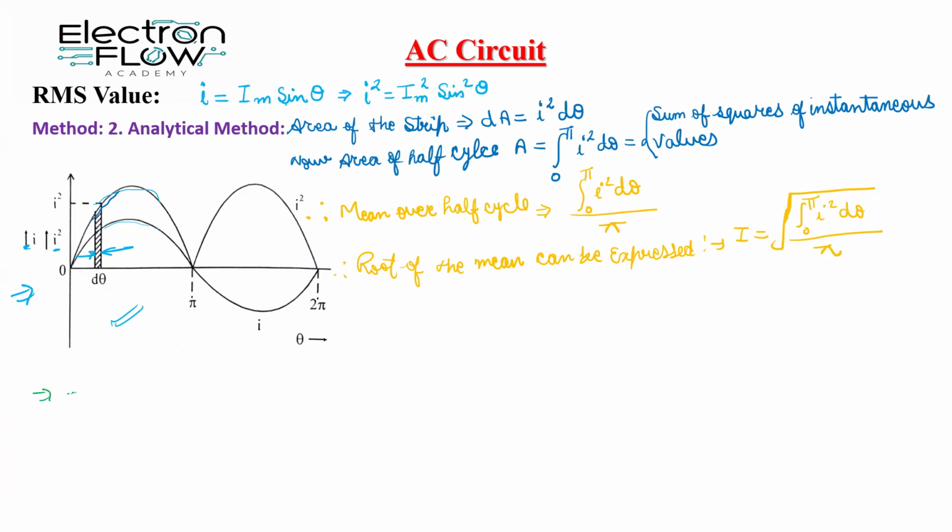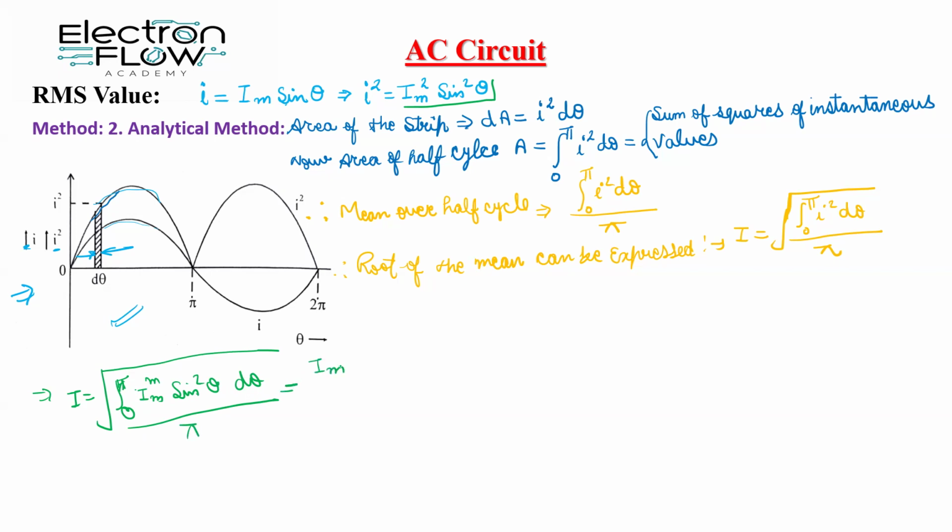Then we get the value of I equal to the square root of the integration from 0 to pi of Im square sine square theta d theta divided by pi. Let's solve this further.